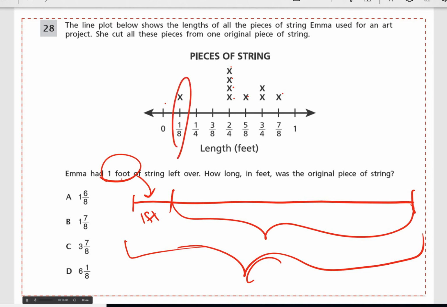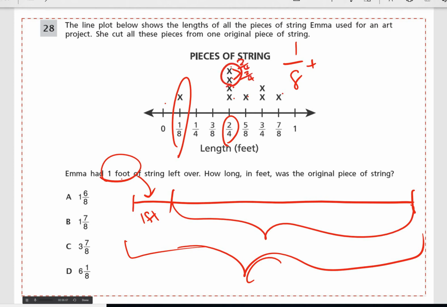So there's 1/8, and how many 2/4? 2/4 and 2/4 will make 1, right?